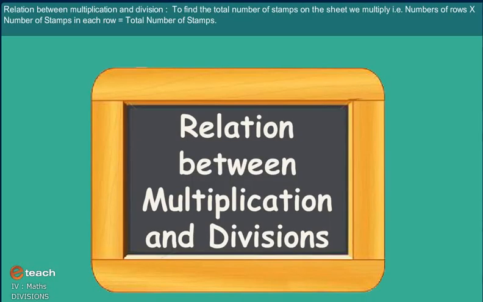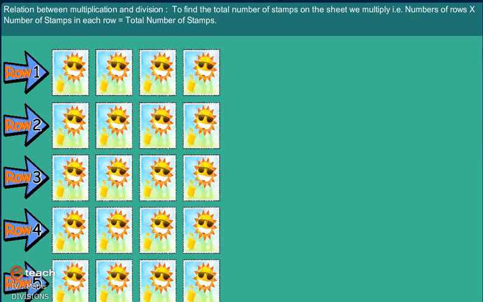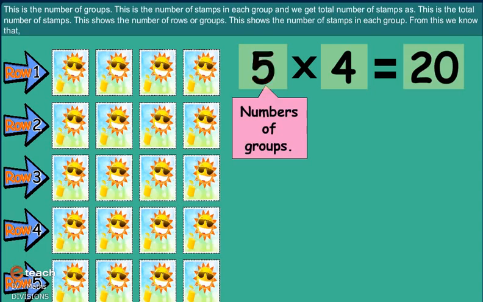Relation between multiplication and division. To find the total number of stamps on the sheet, we multiply the number of rows by the number of stamps in each row, which equals the total number of stamps. This is the number of groups.